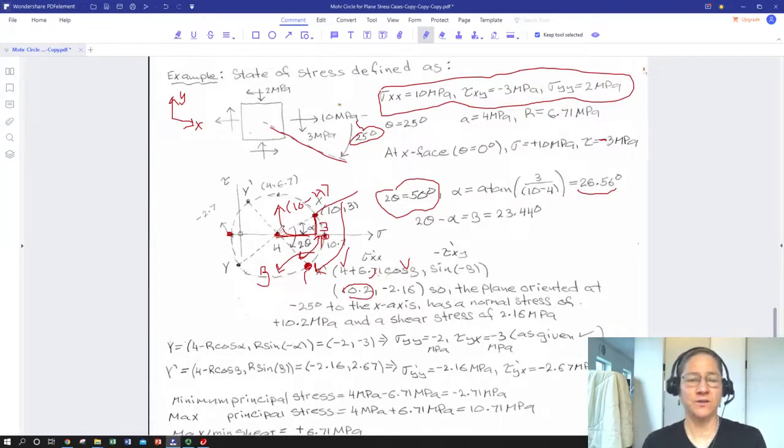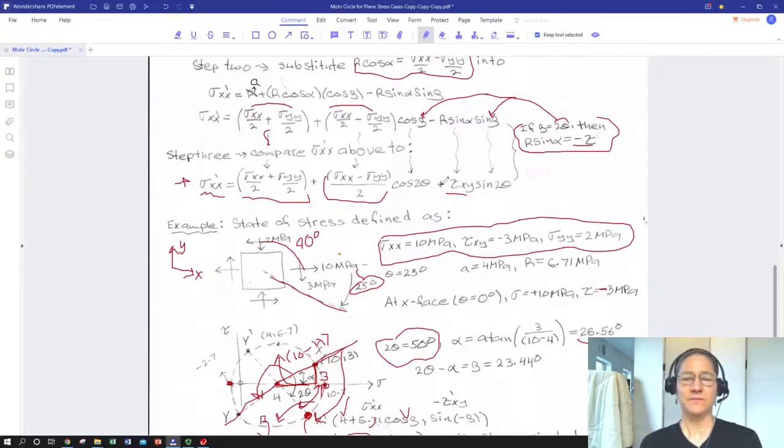We could also take a look at this and go, well, if my x-axis is here, my y-axis in my real part is at 90 degrees from my x-axis. On the Mohr circle, it's 180 degrees. So your y-axis is over here.